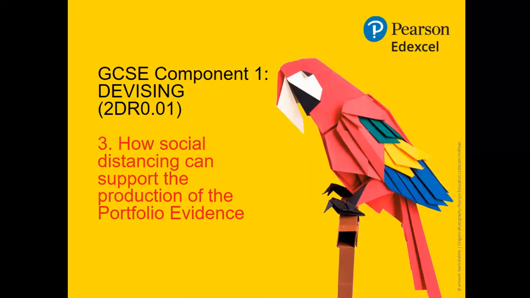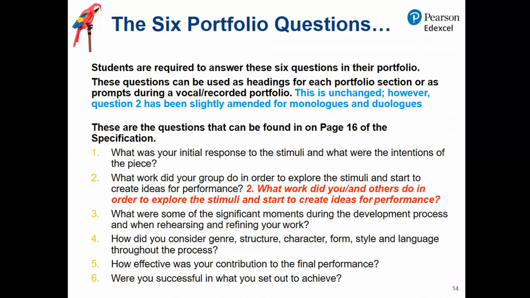So, how can social distancing support the production of the portfolio evidence? Students are required to answer the 6 questions detailed below on this slide as part of their portfolio. These questions can be used as headings for each portfolio section or as prompts during a vocal or recorded portfolio. This is unchanged.